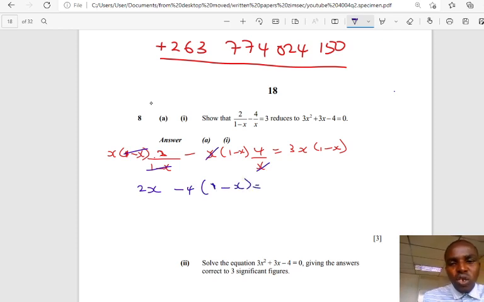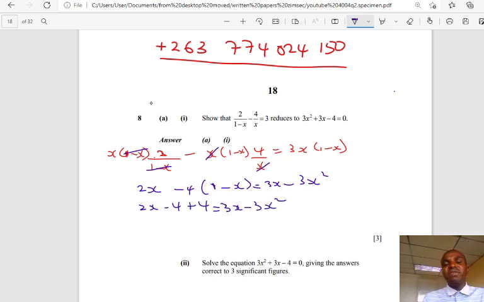Removing the brackets, the right side is 3x minus 3x squared. So 2x minus 4 plus 4x equals 3x minus 3x squared.